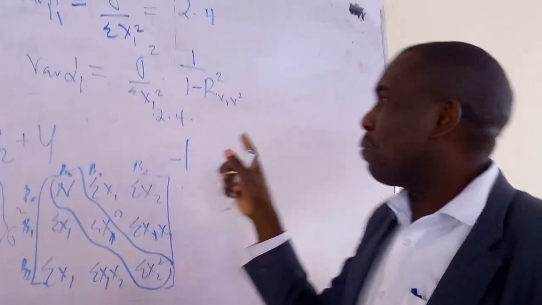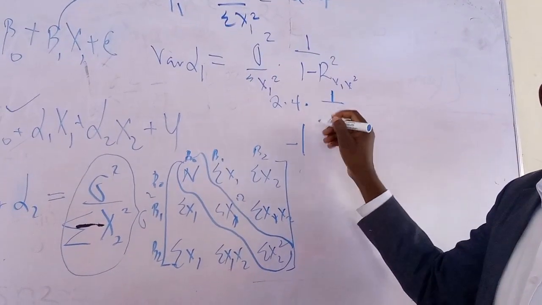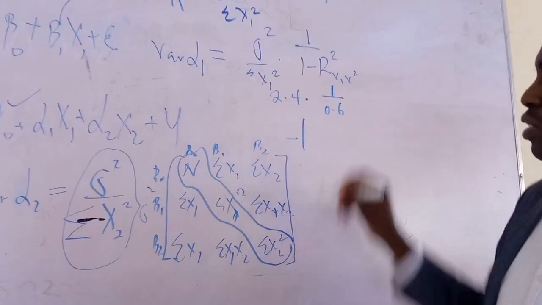Let us see what will happen. It will be 2.4 times 1 over 1 minus 0.4. Down here you get 0.6.